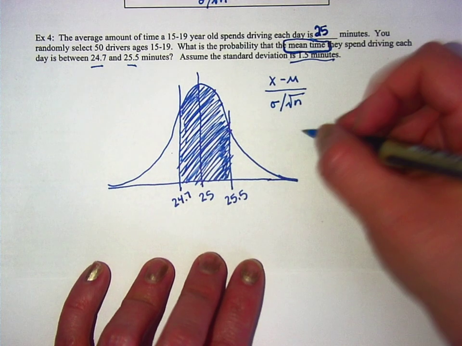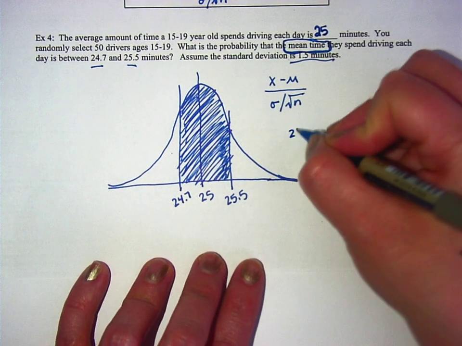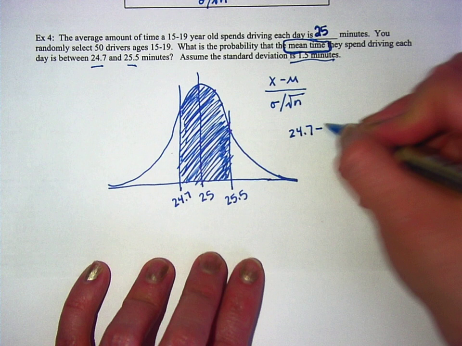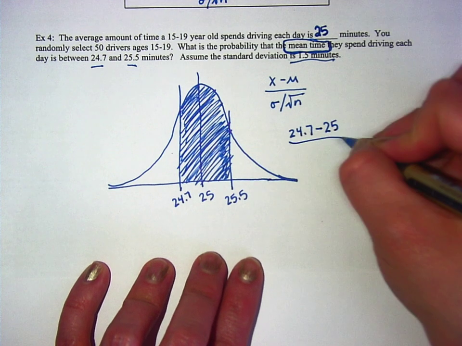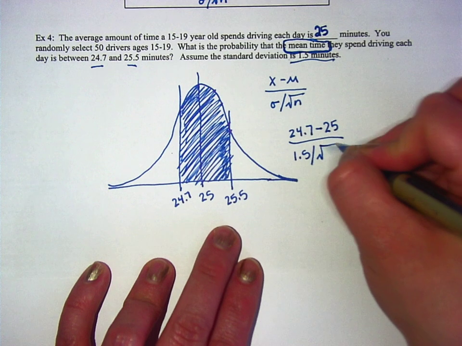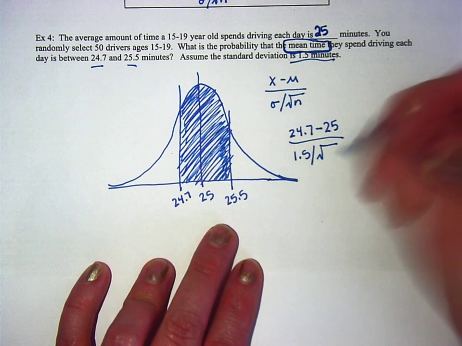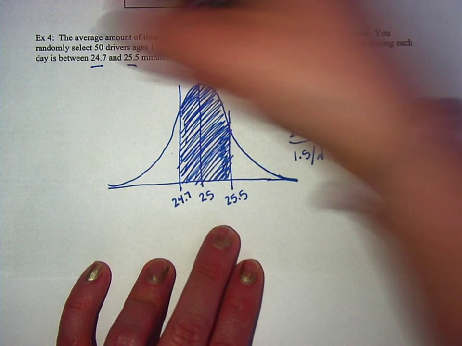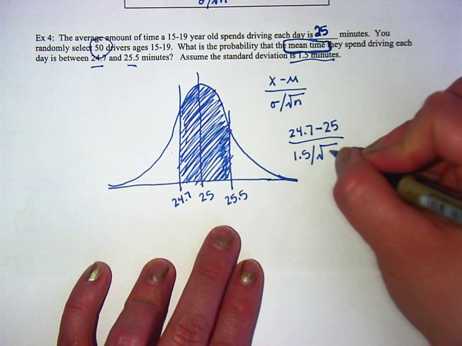All right, so we're going to do two equations here. This is 24.7 minus the mean, which is still 25. The bottom is 1.5 divided by the square root of n, and they said they select 50 drivers.